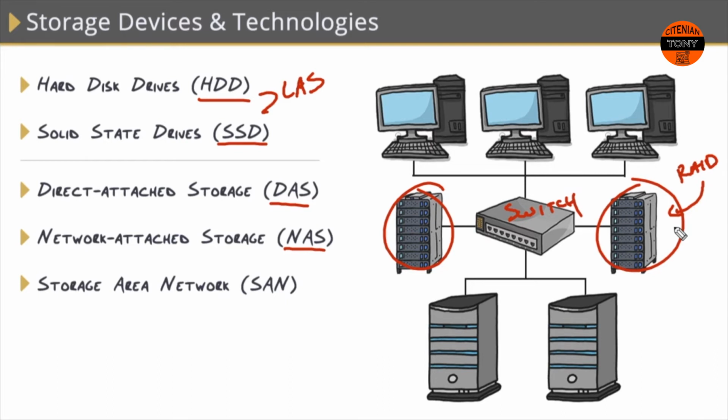If something bad were to happen to a disk, all the data on that disk is already spread around in little chunks around all the other disks, so it can easily rebuild that data in the event of a failure. And by the way, you can still implement RAID with direct attached storage, but it's done at the software level in the operating system itself, not at the hardware level, so it's not quite as reliable.